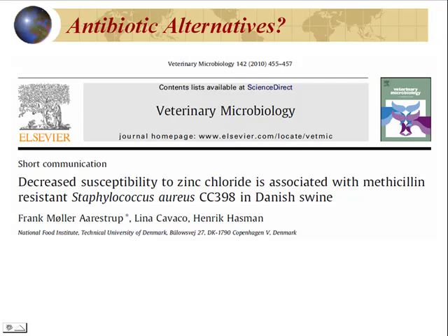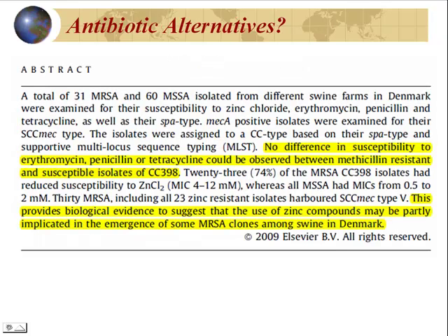Interestingly, what actually seems to be the case is they found no difference in susceptibility to erythromycin, penicillin, or tetracycline in the methicillin-resistant Staph aureus versus the methicillin-susceptible Staph aureus. They all were tetracycline resistant. Tetracycline resistance was not a feature unique to the MRSAs. They all had it. What they actually found was that the MRSAs had resistance to zinc.